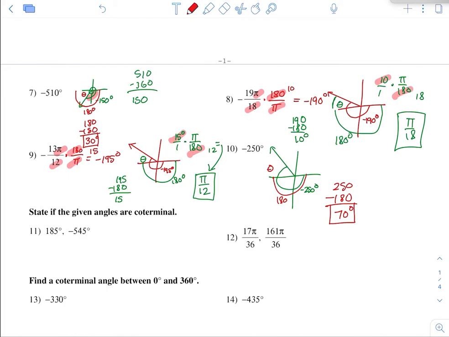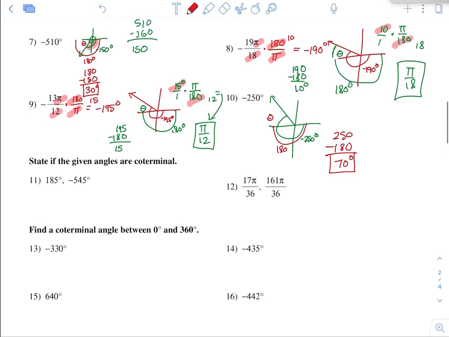Alright, number 11. It says state if the given angles are coterminal. You know they're coterminal if you can add or subtract 360, or 2 pi.